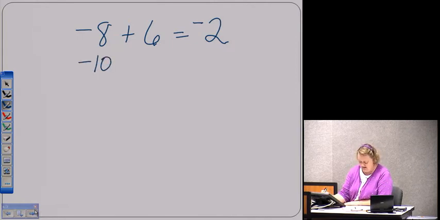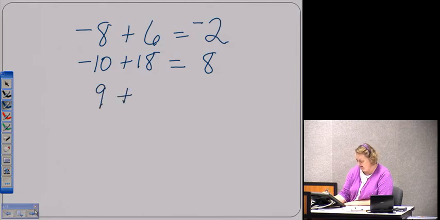Negative 10 plus 18. The signs are different, so you subtract. 10 from 18 is 8. Keep the sign of the number that's stronger, which means it's 18, so it's a positive 8.